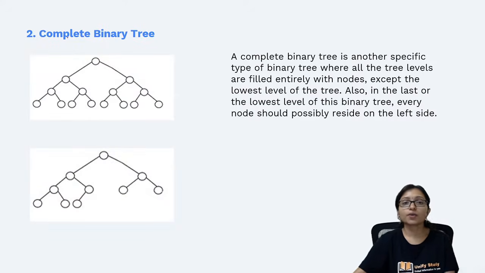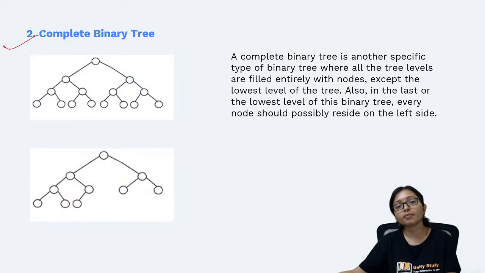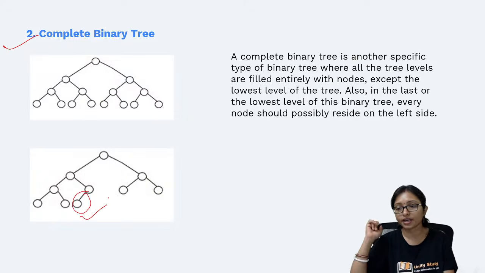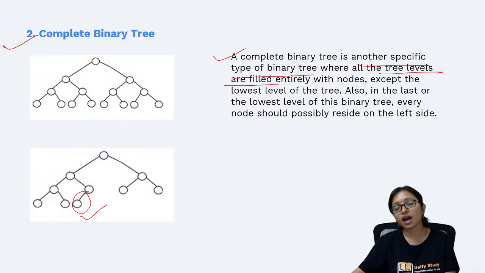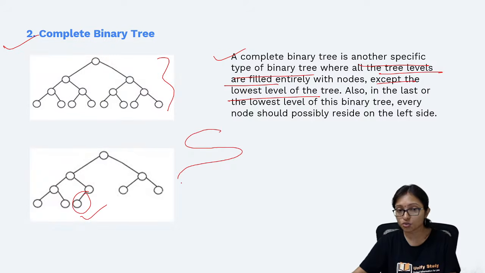Okay. Next one is the complete binary tree. In a complete binary tree, a node with 1 child is accepted here. A complete binary tree is another specific type of binary tree where all the levels are complete except the lowest level, and it follows a pattern.